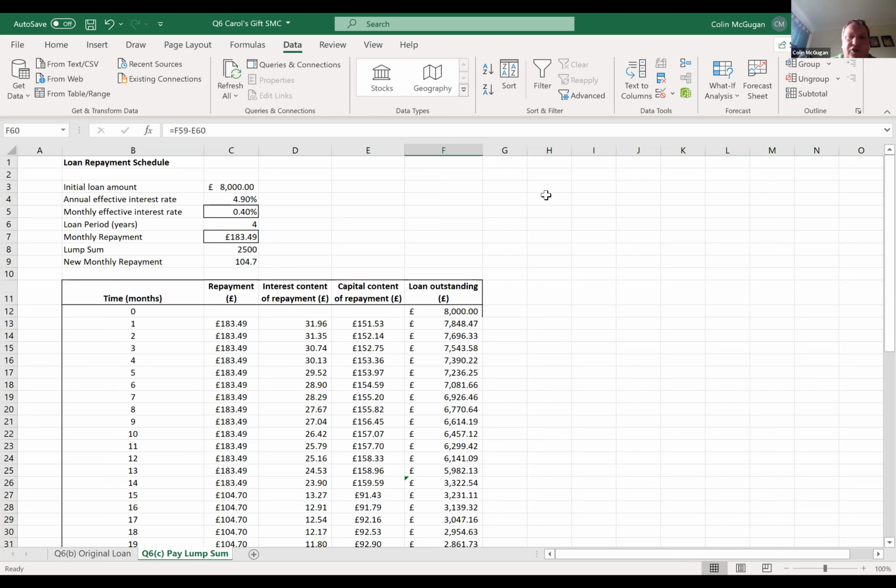So now what I'm going to do is, into this bit here, I'm just going to put in total interest on original loan. Underneath it, just the total interest on adjusted loan.